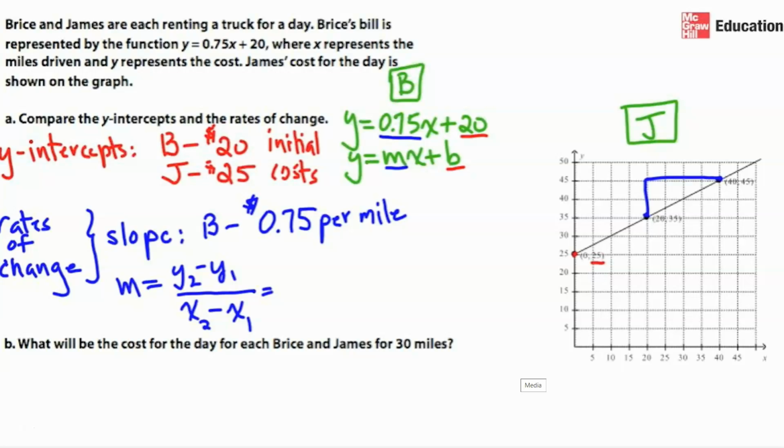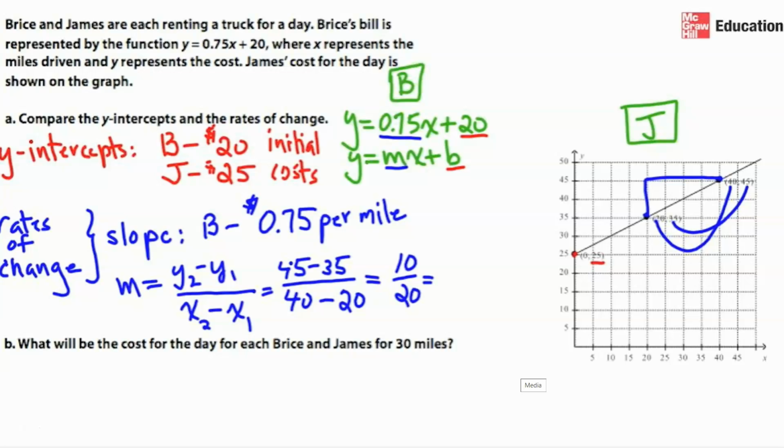Y2 minus y1 would be 45 minus 35, over the change in x, 40 minus 20, or 10/20, which is equivalent to 1/2, or 0.50. In other words, in James's rental agreement, his truck is going to cost him 50 cents per mile.